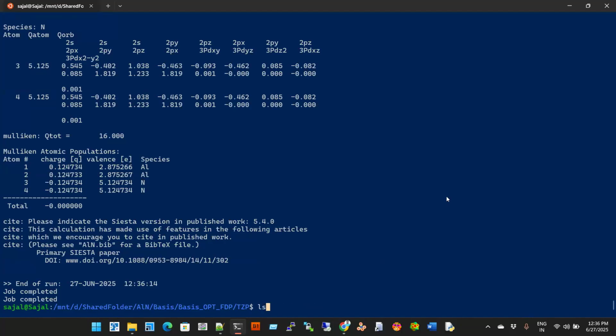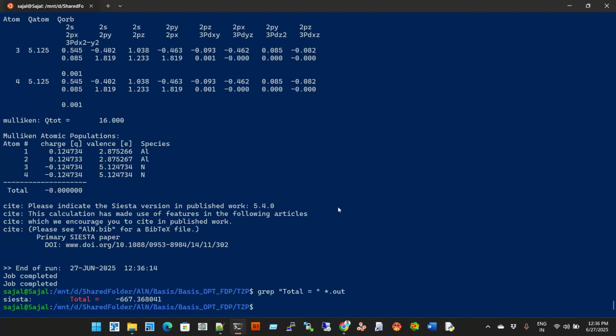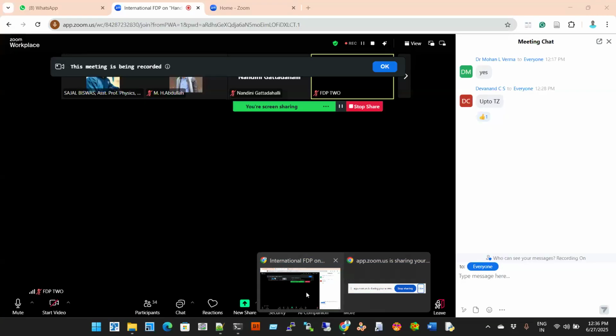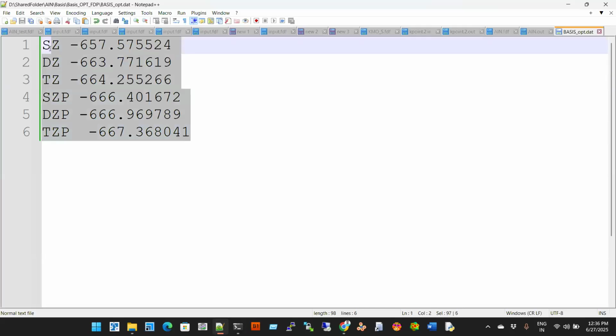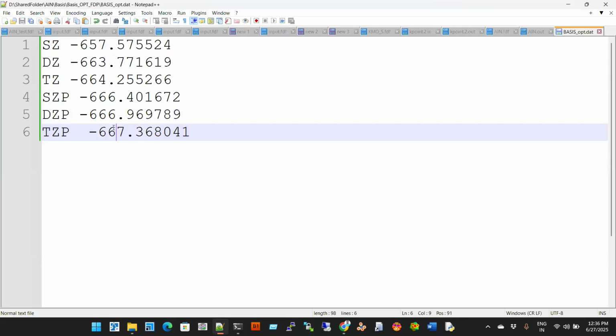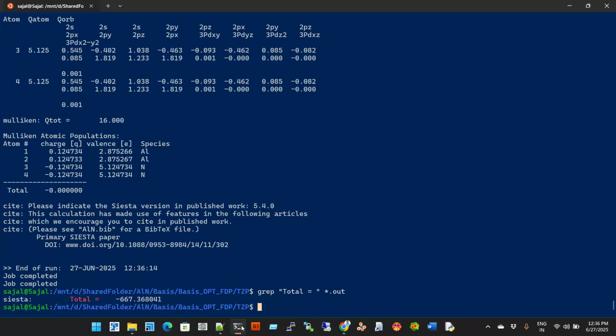Let's check the total energy. In these 6 cases, it is clear that TZP has the lowest energy. Now let's try to plot this.